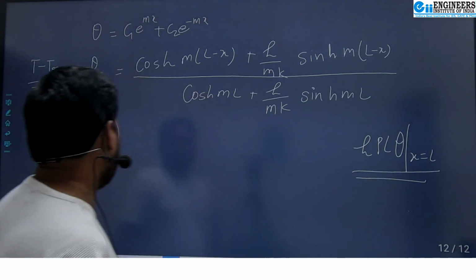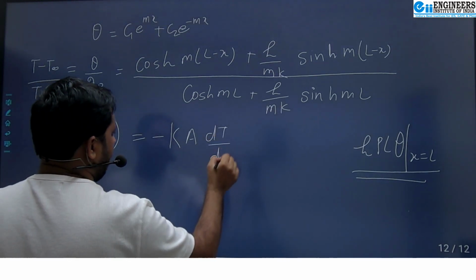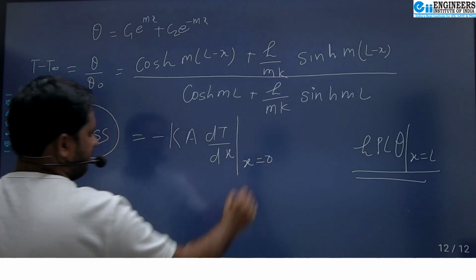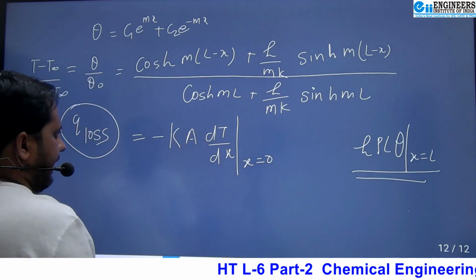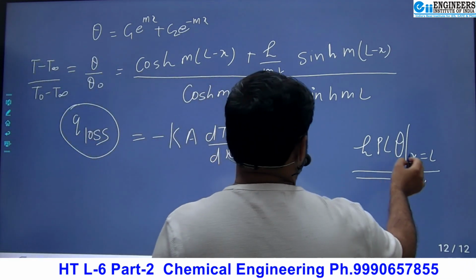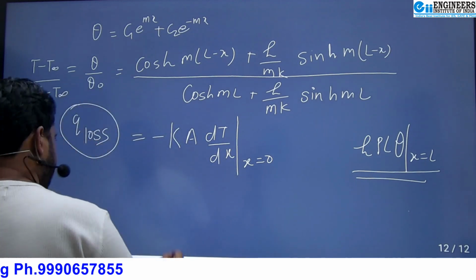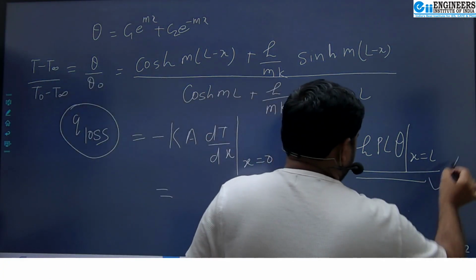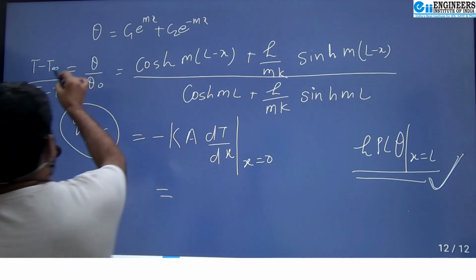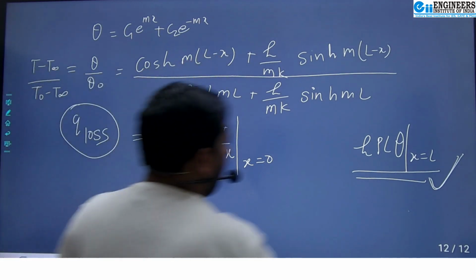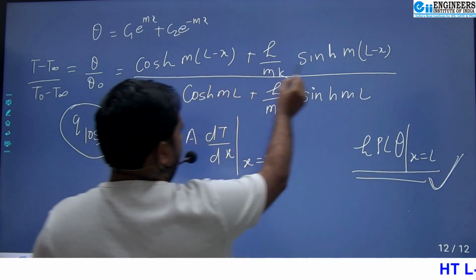Another way is very simple: whatever heat has entered the fin from the base. Either you differentiate it and put this value, or you simply put theta at x equal to L. This is the easy method. Why so? Because if you calculate Q loss at the base, you have to differentiate it, and if you want theta at x equal to L, you simply put x equal to L here and L here.